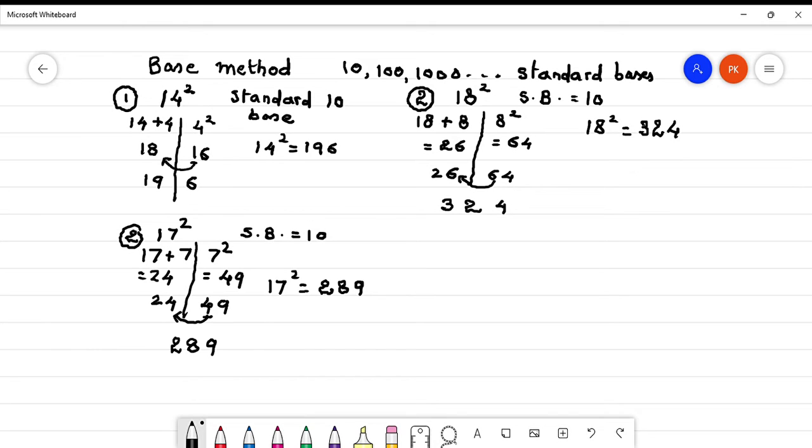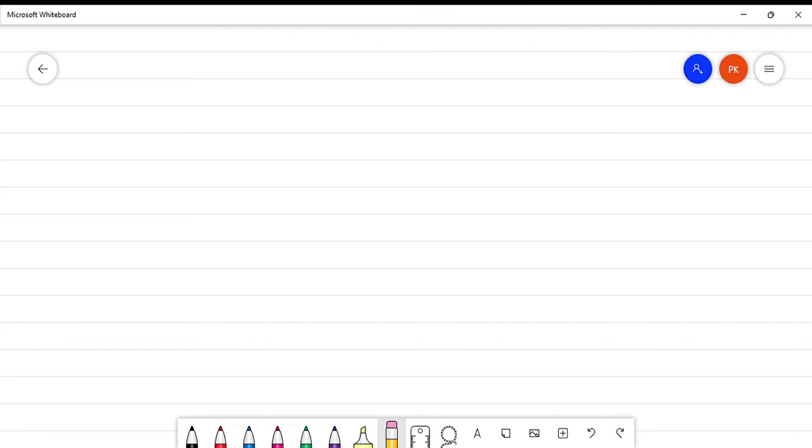Yeah. So these are some of the problems where we are using the standard base 10. But suppose the base is not standard, then what will you do? Let us take some problems here. So take the first problem.